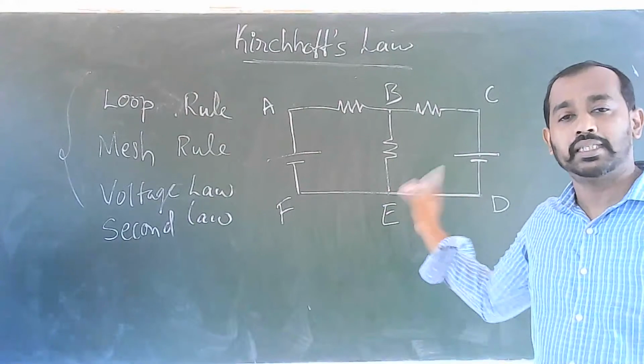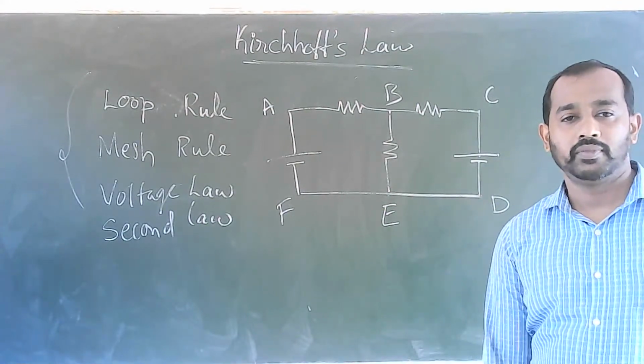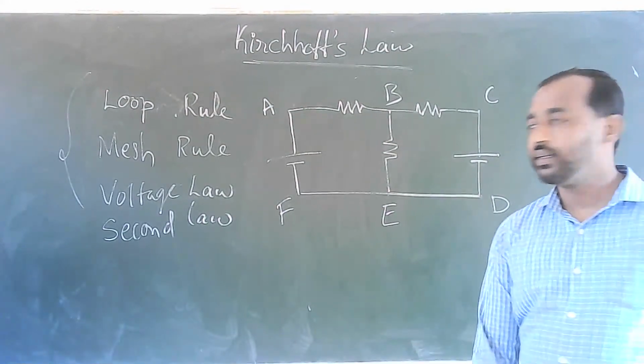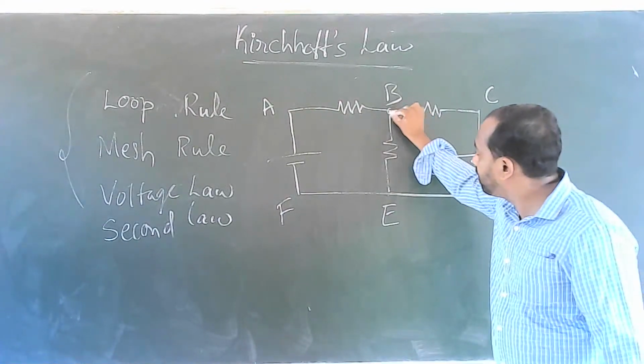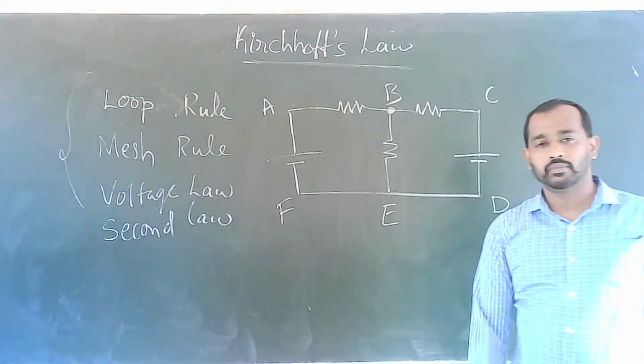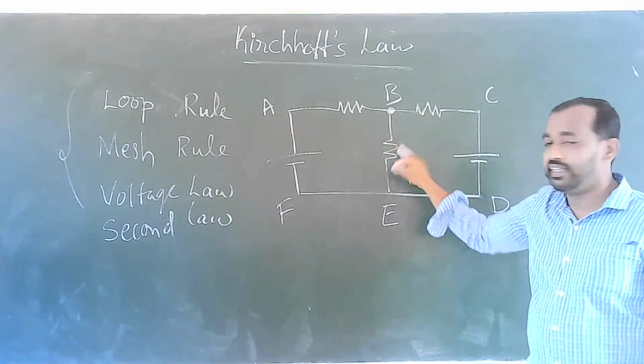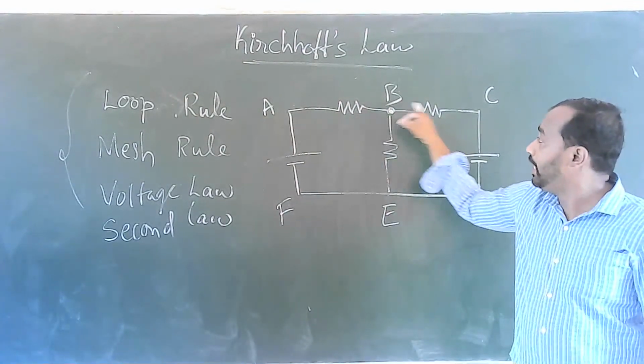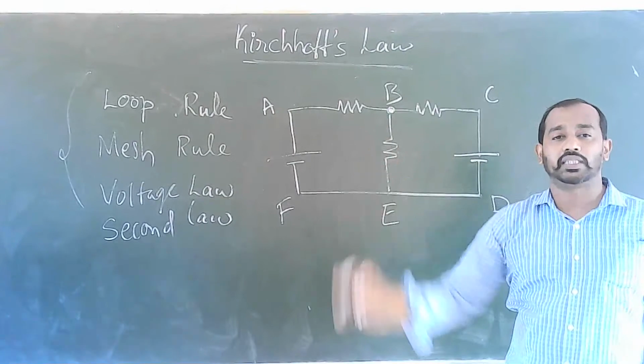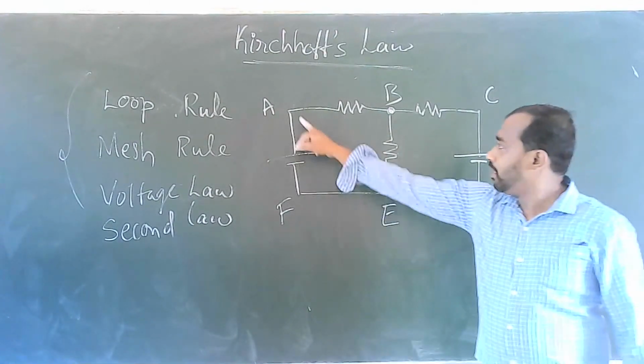Only two nodes are present in this circuit or network, where one is at B. Three resistors are connected here. At this node B, three resistors, that means three components are connected.